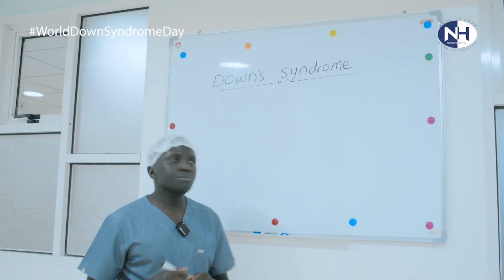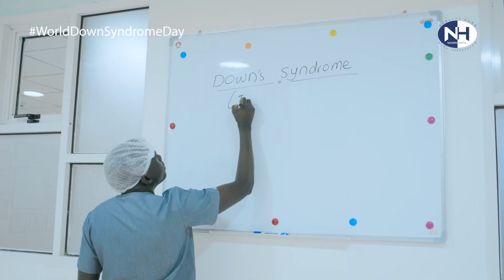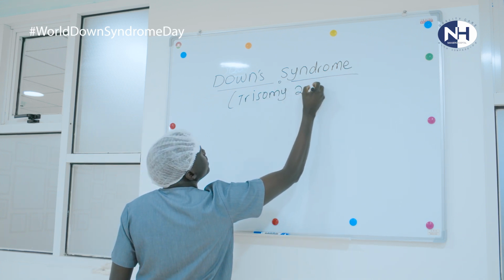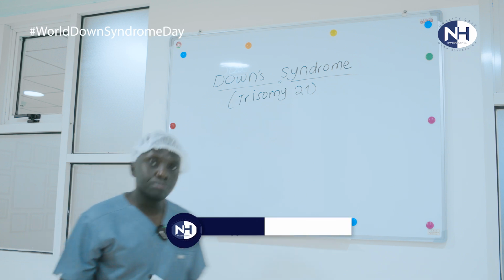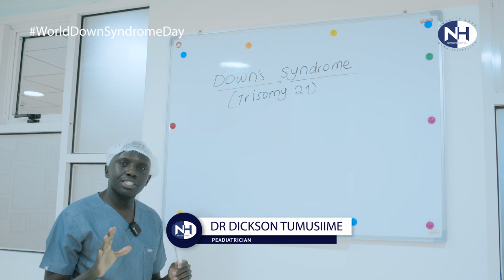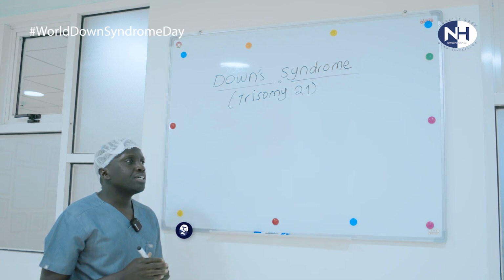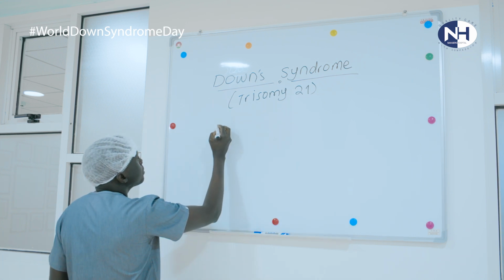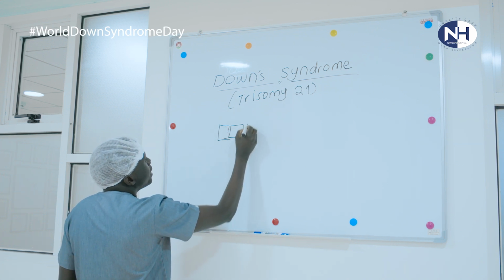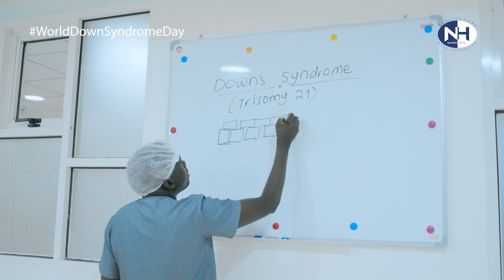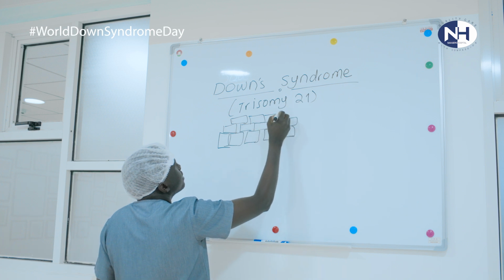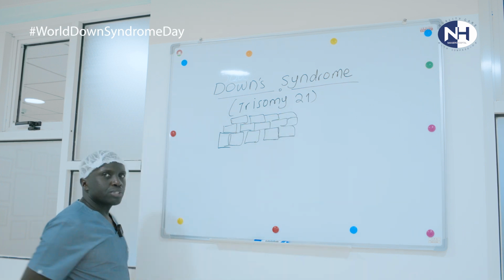So what is Down syndrome? Some people call it trisomy 21, and I'm going to explain what that means. Whenever a building is under construction, and most of our buildings are made up of building blocks, you arrange these blocks to come up with a uniform structure.